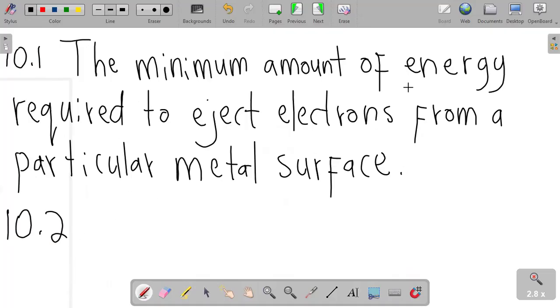The minimum amount of energy required to eject electrons from a particular metal surface.